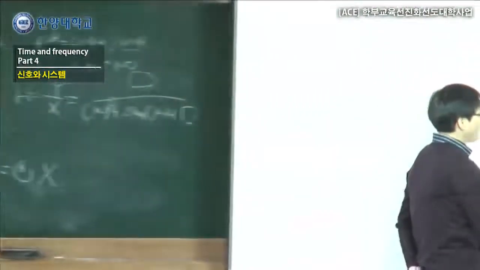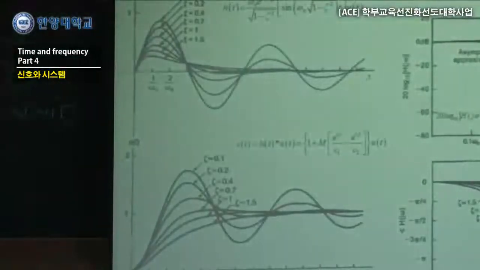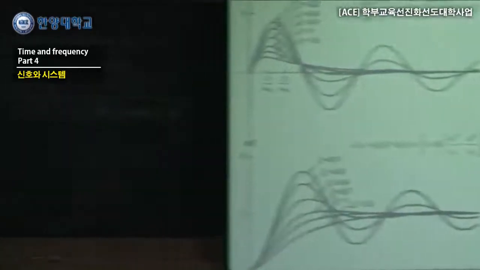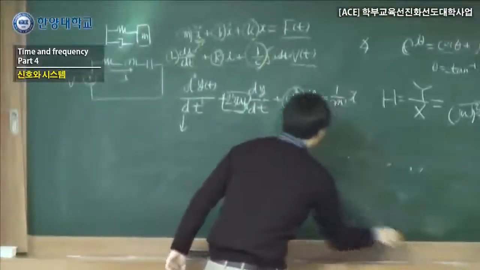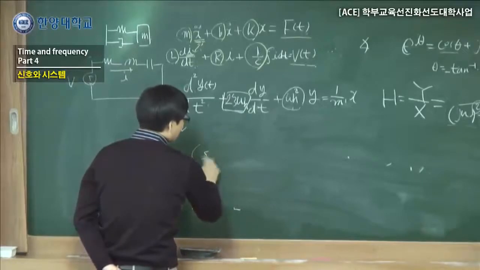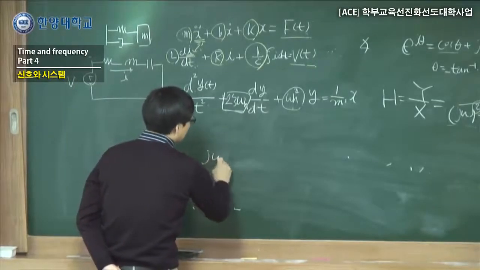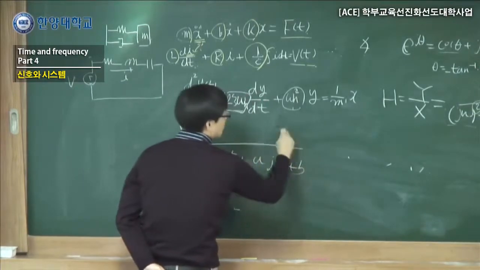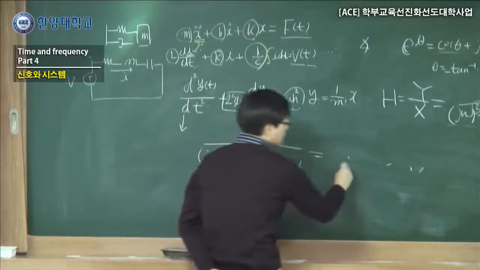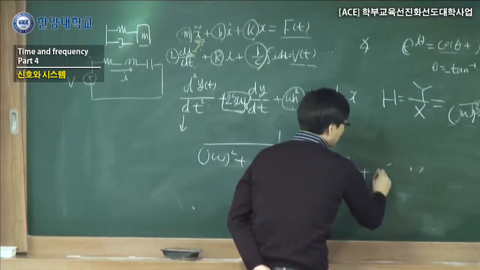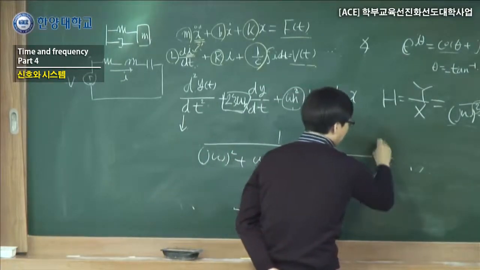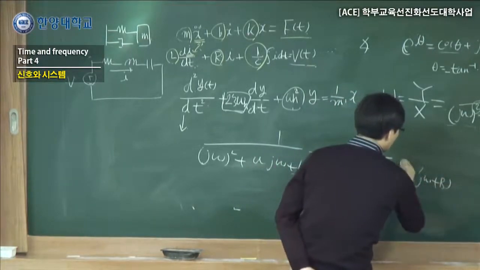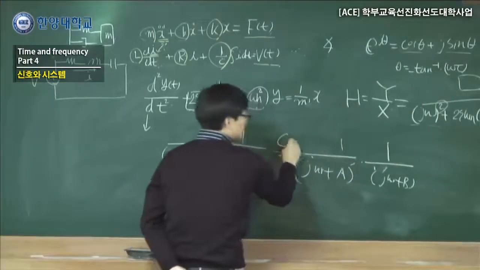Therefore, the second order system, you can think of it this way. If you see them more easily, in a second order system you may see they have a relationship like this, and then you can think of them as a multiplication of two systems having a constant like that.